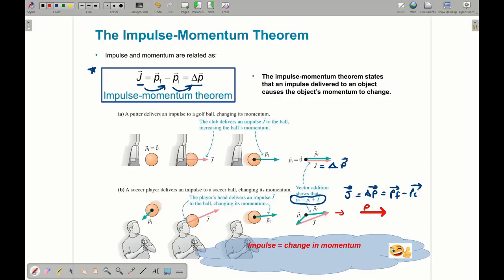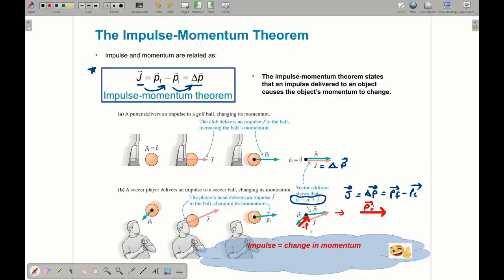And then what we do is we inverse the second vector. So I'm going to inverse that p initial. It would be the same size, but opposite direction. So that guy would be my minus p initial.